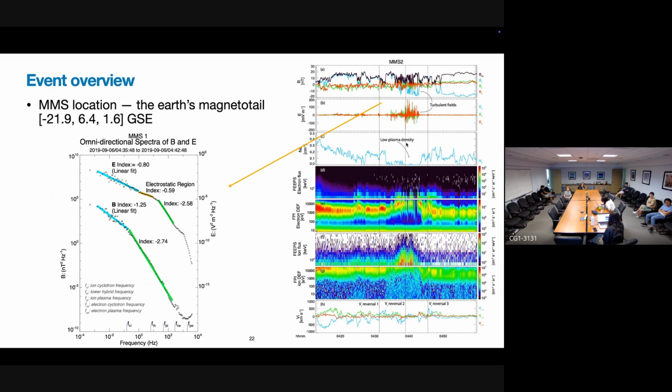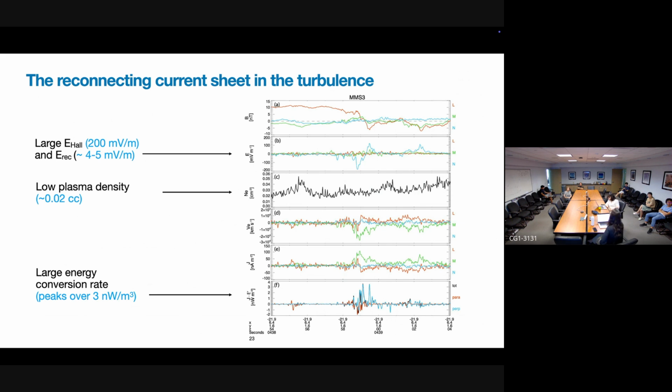Before I highlight the special part, let's look at the zoom-in around this interesting reversal at the reconnection current sheet. Again, we can quickly review some of the reconnection signatures. Here we rotated into a local coordinate system, but simply put, we can see the reversal of the magnetic field, which shows this is the current sheet crossing.